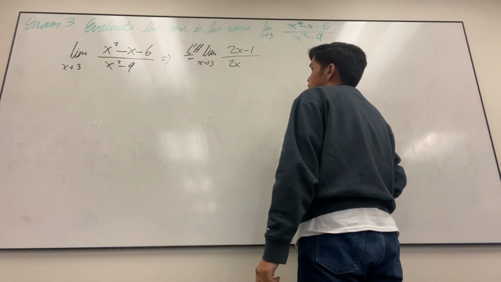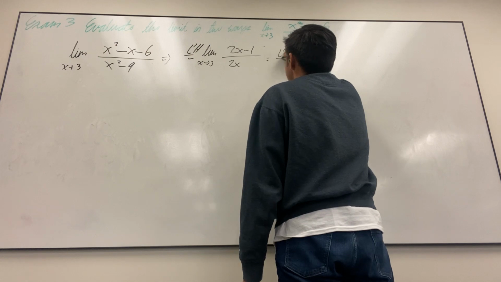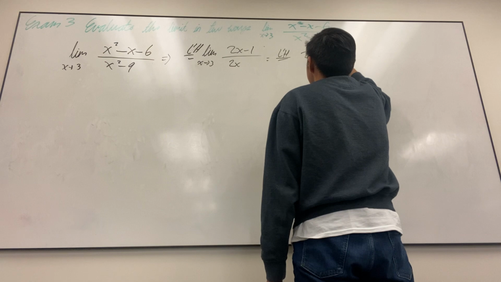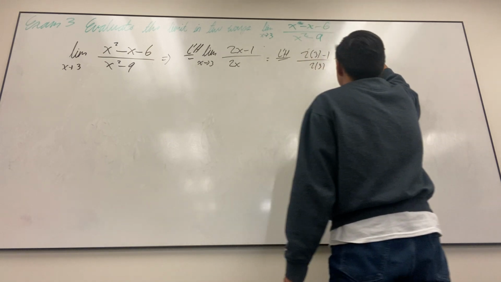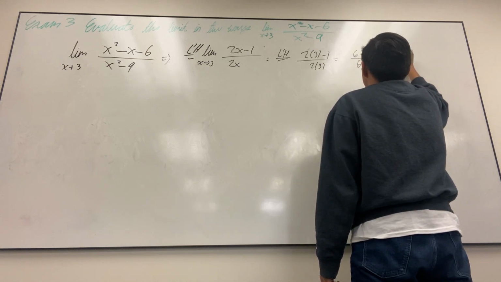Now it's in its simplest form again, so you can apply the limit. That would be 2 times 3 minus 1 over 2 times 3. This becomes 6 minus 1 over 6, which is again 5 over 6.